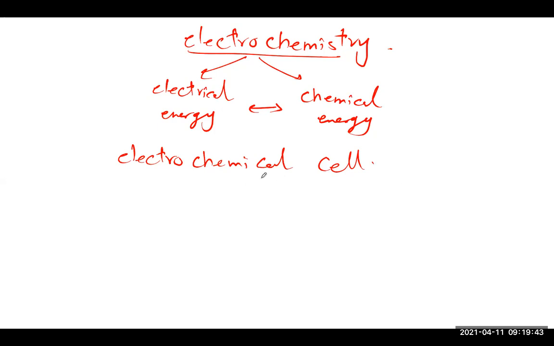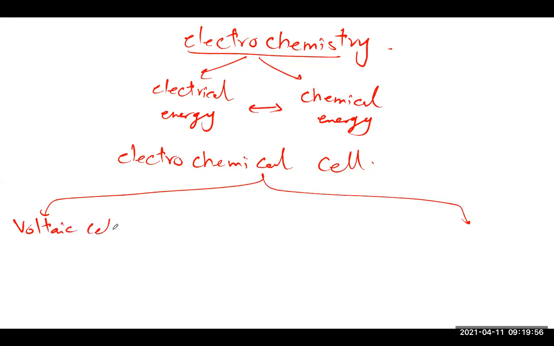Okay, so we have types. Depending on whether we convert from chemical into electrical or from electrical into chemical, we have two types here. The first type is called a voltaic cell or galvanic cell. And the second type is called an electrolytic cell.